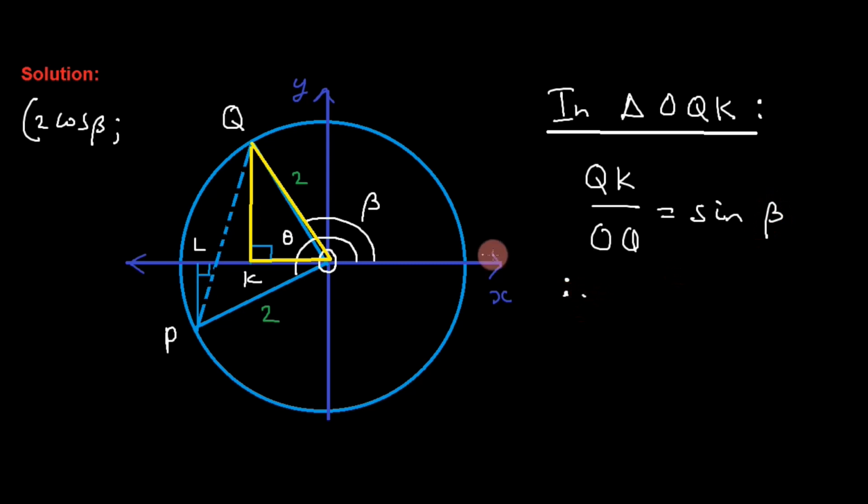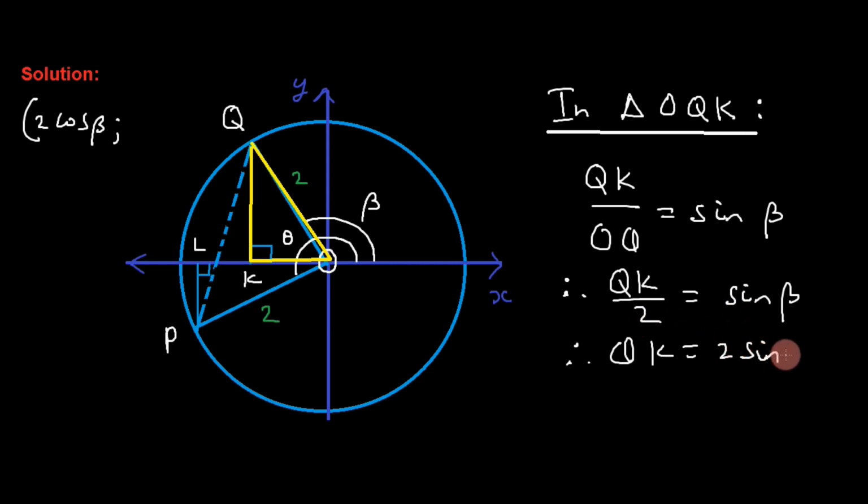But once again, OQ is a radius, which is 2 units. So QK over 2 units equals the sine of beta. And then we can find QK is going to be twice the sine of beta. But we said that QK is the y coordinate at Q. So then the y coordinate at Q will be 2 times the sine of beta. So now that we have the coordinates at Q, we can continue to find the coordinates at P. So let's do that.